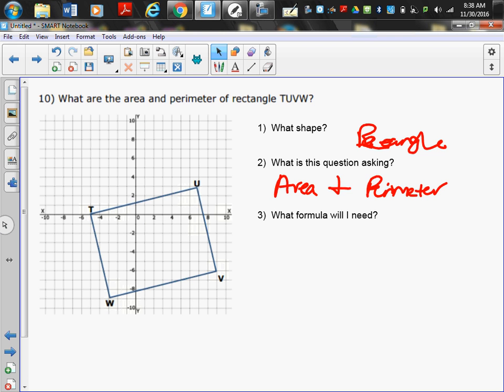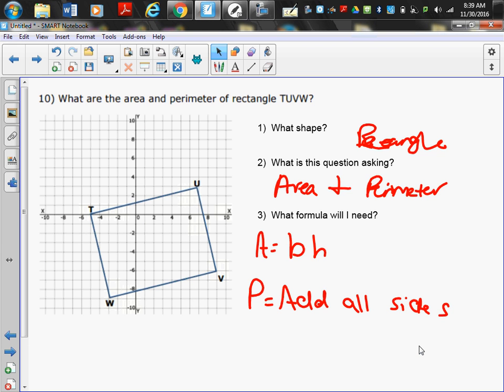Area. So I need area, base times height. All right. Now I have another one, because I'm looking for 2 different things. So what's the other formula that I need? Jay? Add all sides. Add all the sides, and that is for the what? Perimeter. So perimeter equals add all sides.